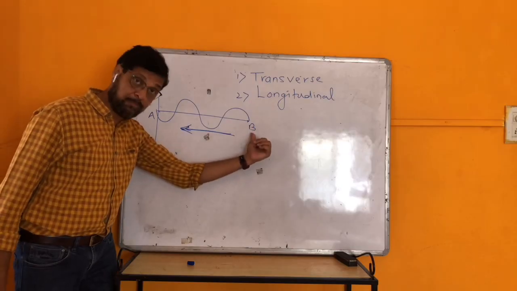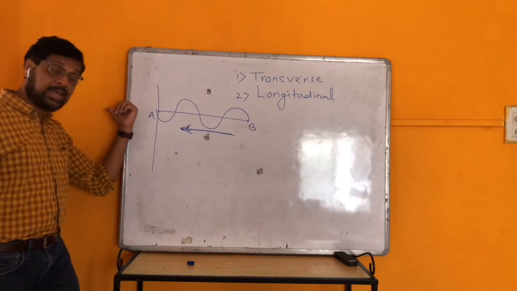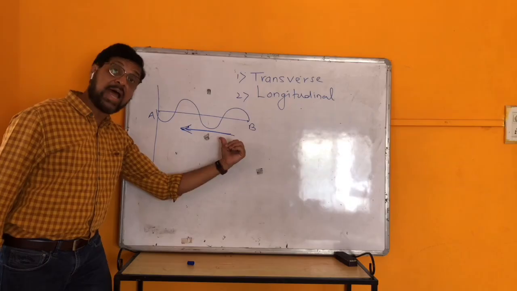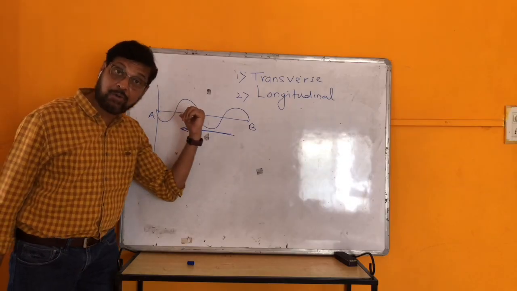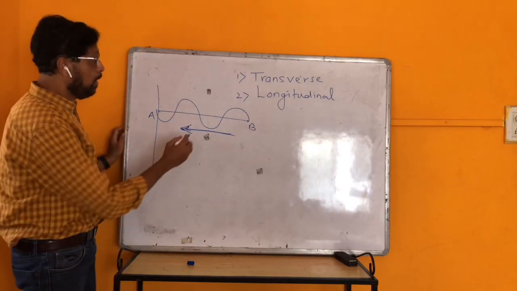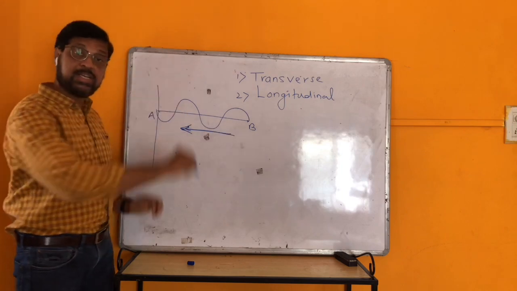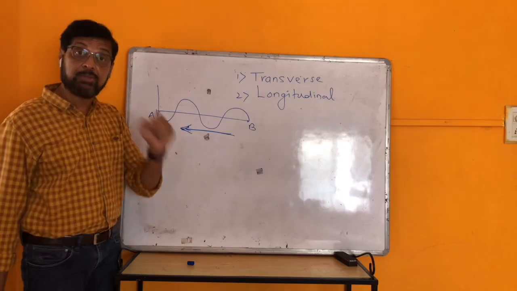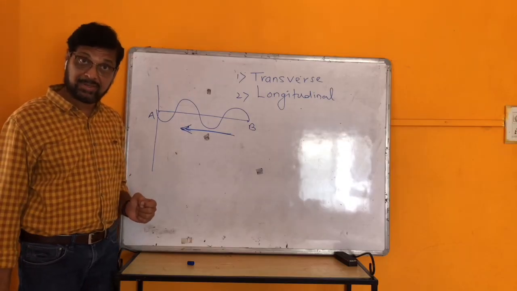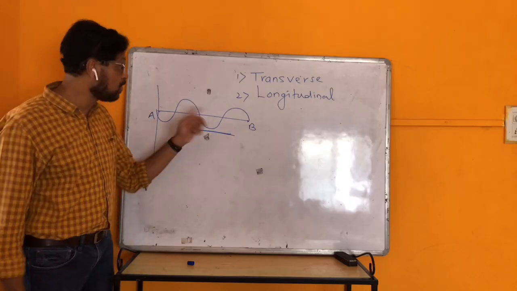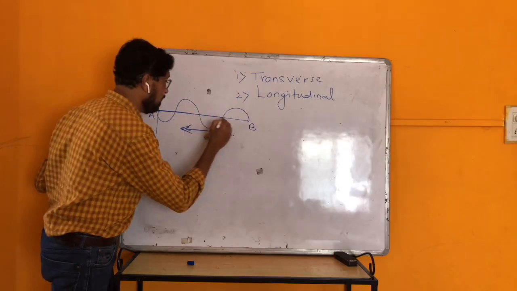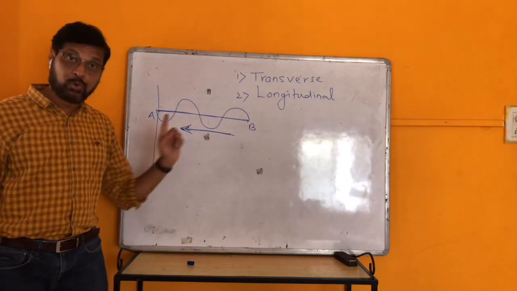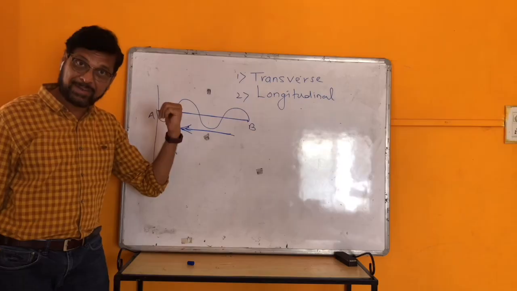Wave started from B and it is traveling towards A. What is the medium through which the wave is traveling? Not air, string. String is the medium through which the wave is traveling.